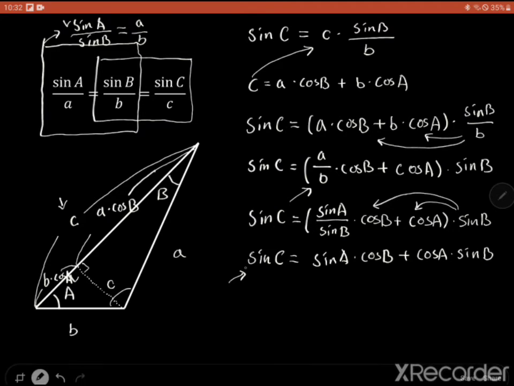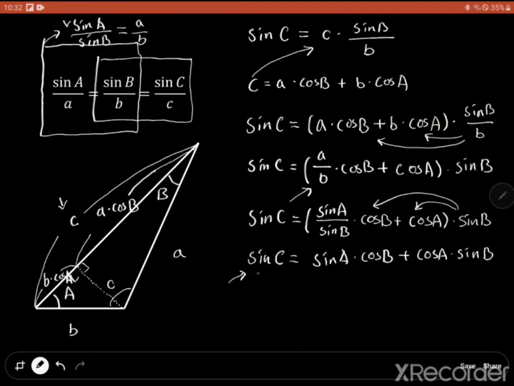c. So let's substitute sine c into terms of sine b and a. There are many ways to show the substitution for sine c, but this time let's use our figure as an example.